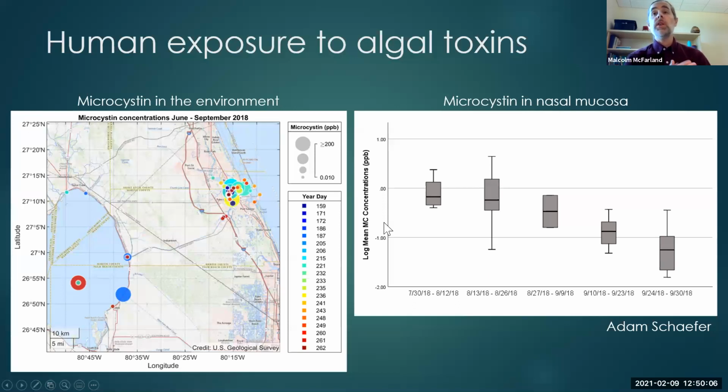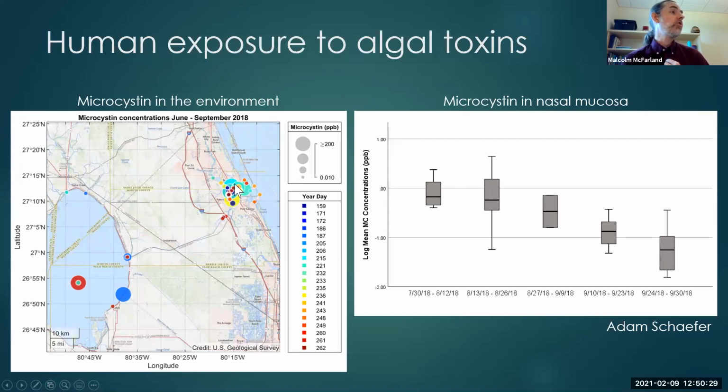We're also looking at how these toxins get into people. This is really interesting work that was done mostly by Adam Schaefer, a colleague of mine that I helped with. On the left here, you're seeing microcystin concentrations in the environment from June to September in 2018.